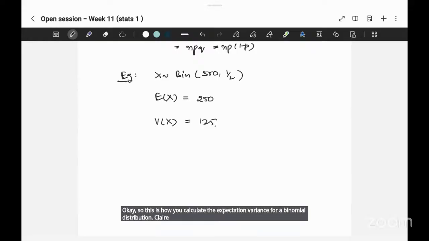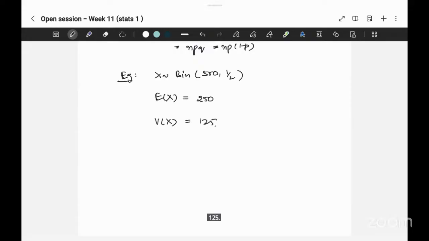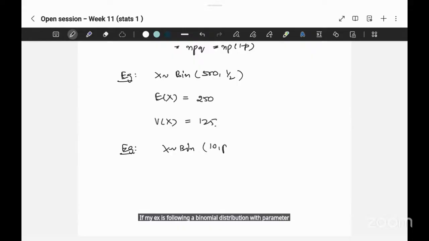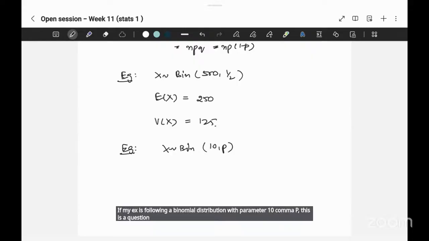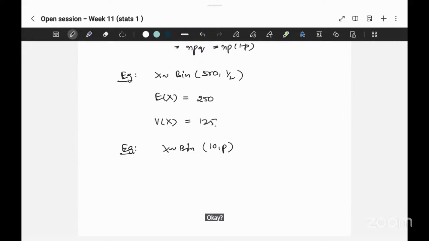Clear? Okay. Now let's take another example. If my x is following a binomial distribution with parameters 10 comma p, and we know that my expectation is equal to 6, what is the value of p? 0.6, right?